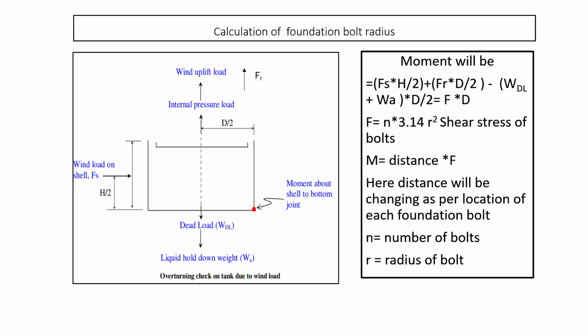Then you can calculate whether the bolt is in shear or tension. Accordingly, the area pi r square into the shear stress, and for tensile stress again pi r square into the tensile stress. Depending upon what type of stresses are there, you equate these, and then you can calculate the diameter of the bolt.